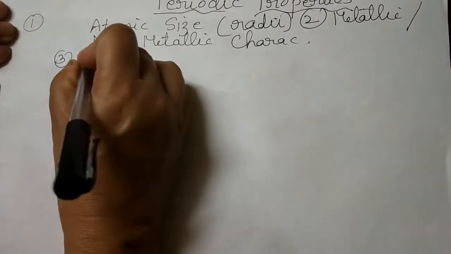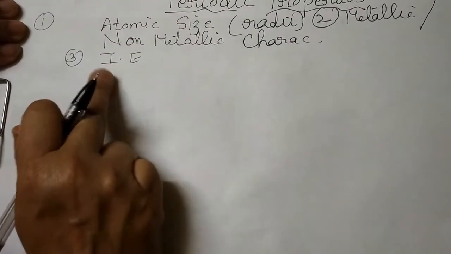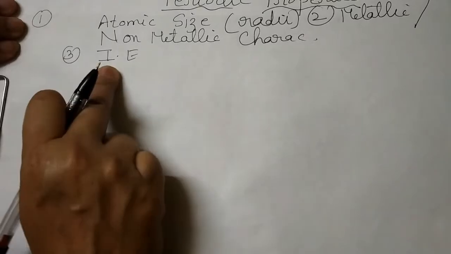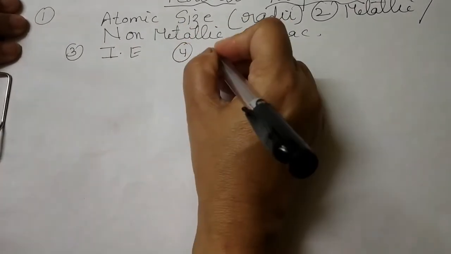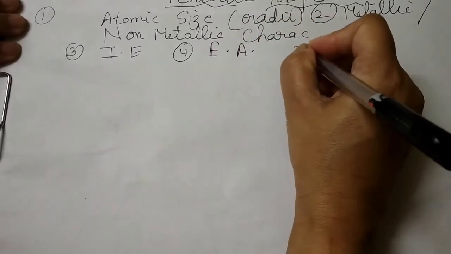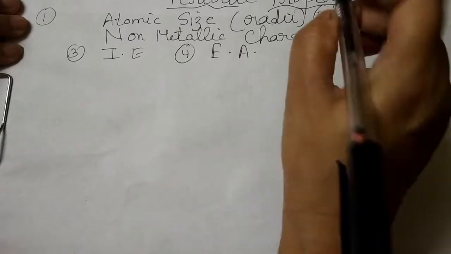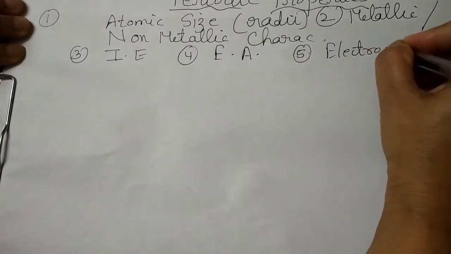Third, ionization energy. I am abbreviating here as IE. As we are discussing, then I will be clarifying this. Then fourth is electron affinity. And the fifth is electronegativity.